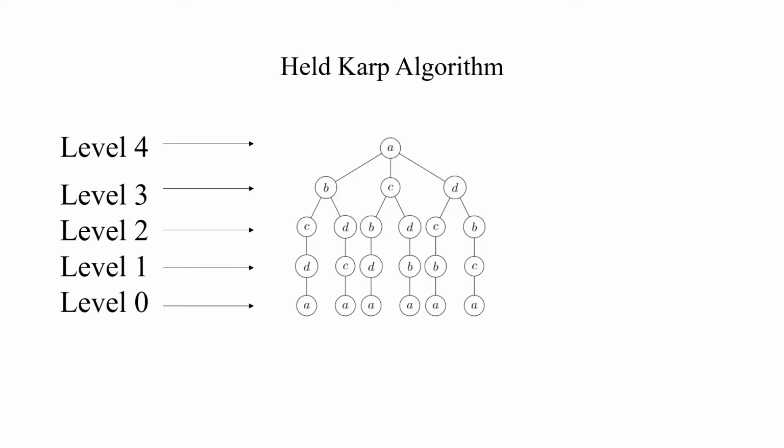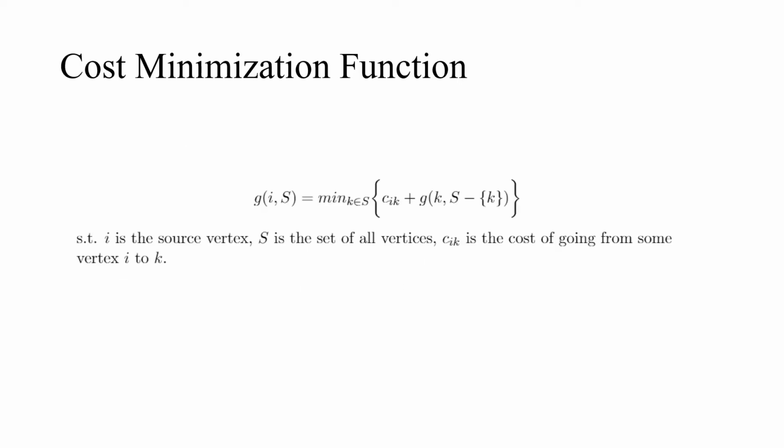As we reach the source node, we'll be able to pick the most optimal path just by solving the same problem of picking the minimum path over and over again, which leads us to a very elegant cost minimization function.